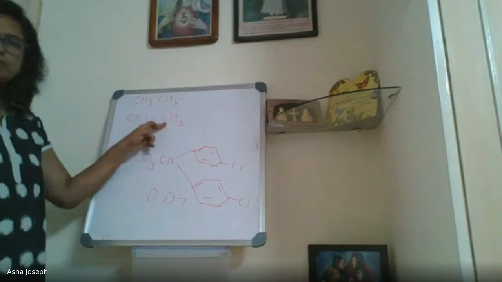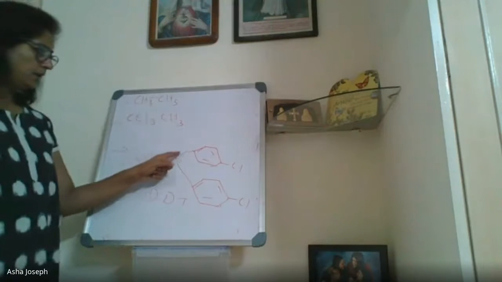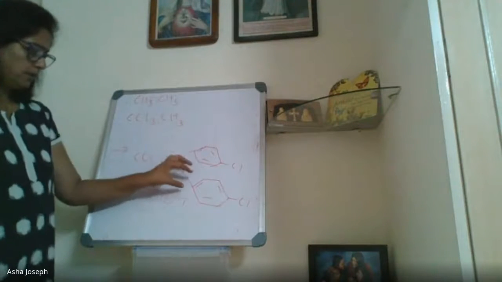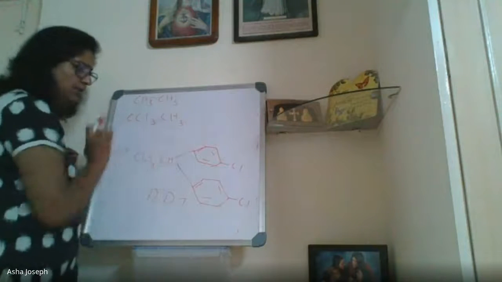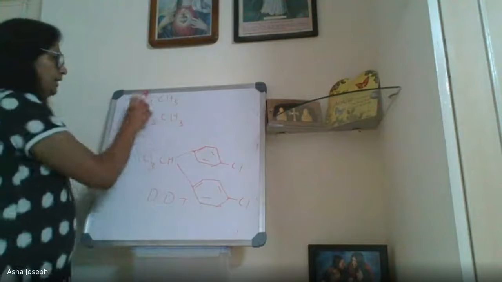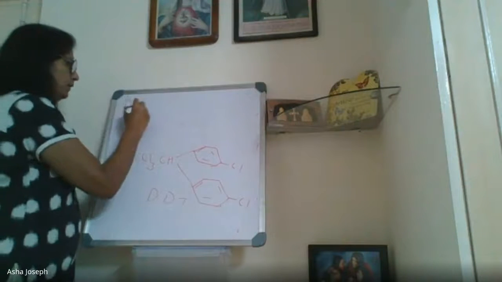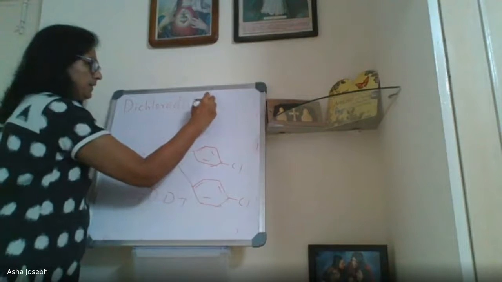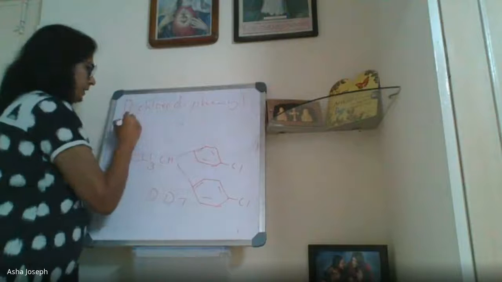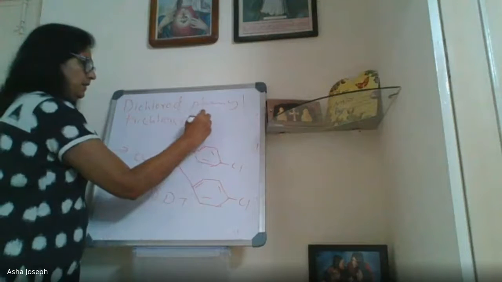CCl3CH3 is trichloroethane, and out of the CH3, 1 hydrogen is replaced by this group and another hydrogen is replaced by this group. So this is trichloroethane. D for dichloro, the next D for diphenyl, and T for trichloroethane.